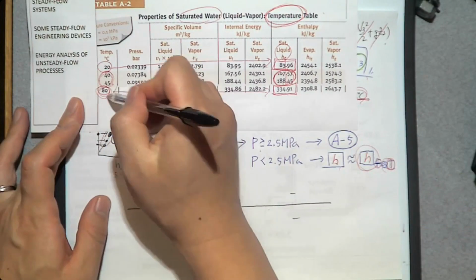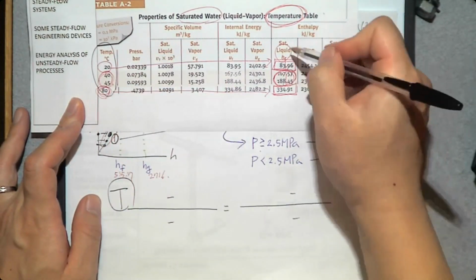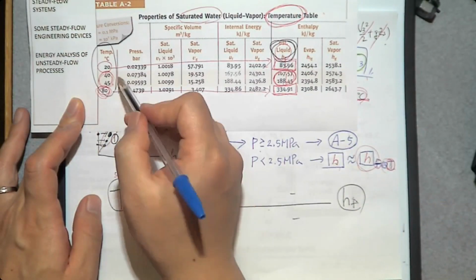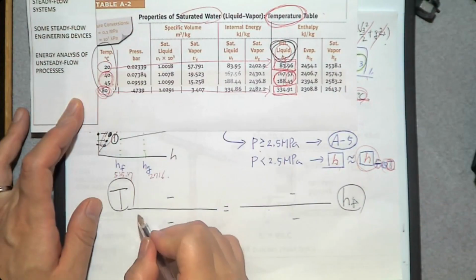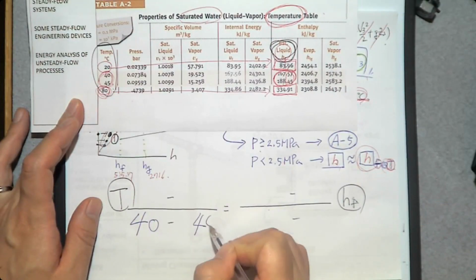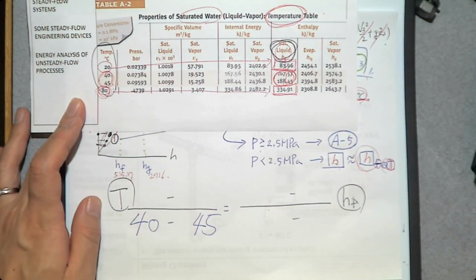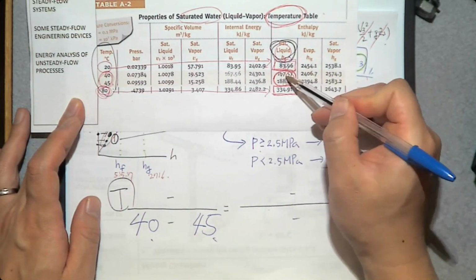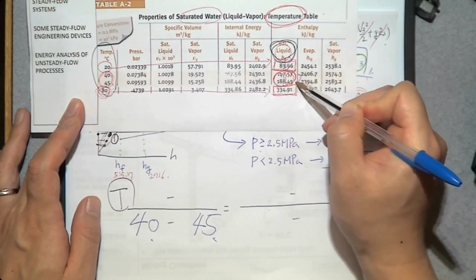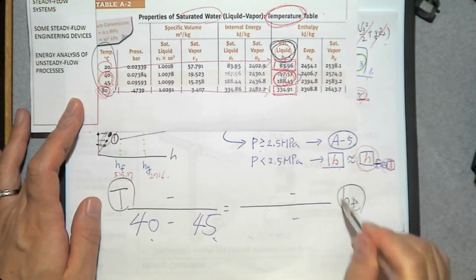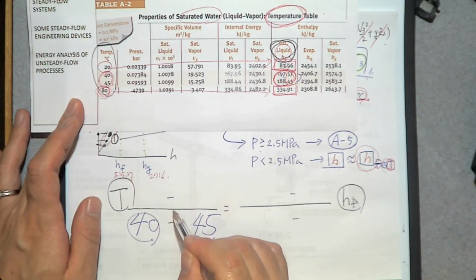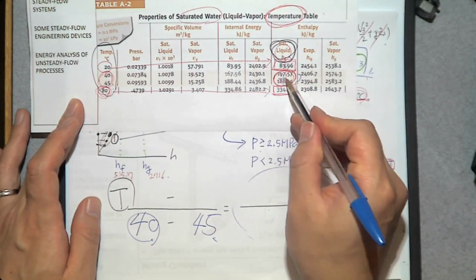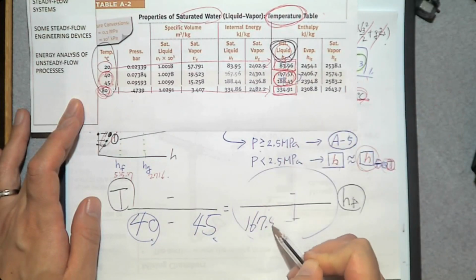So the left-hand side is what? Temperature T. The right-hand side is h_f. Between 40 and 45. So I'm going to write it is between 40 and 45. What are the h_f values at 40 and 45? They are 167 and 188. So I'm going to write these numbers in the same location on the right-hand side. At 40, bottom left, we have 167.57.